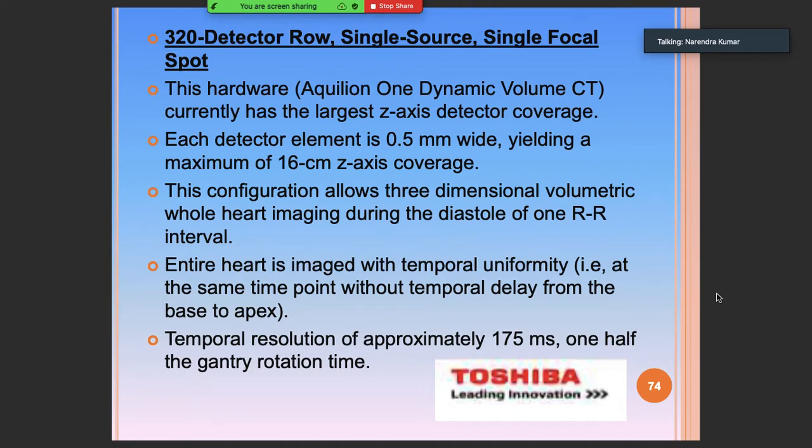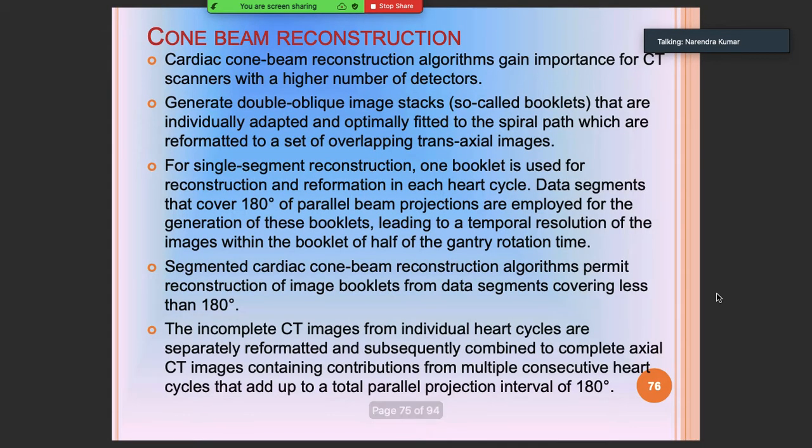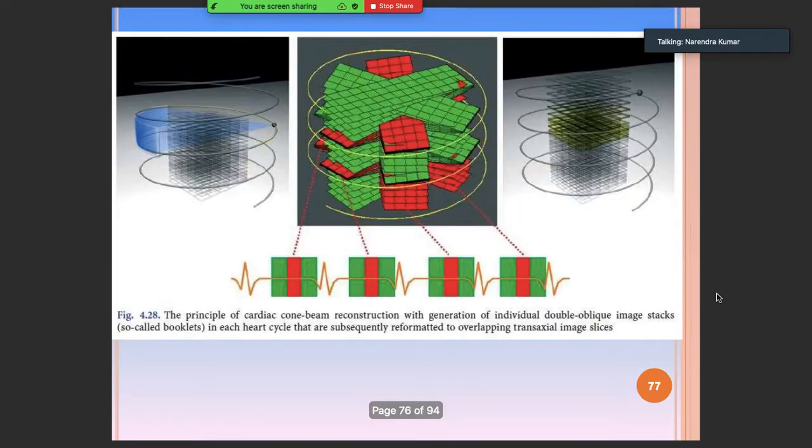So as I said, those newer devices are becoming more and more quick, and with better resolution, and they seem to be pretty user friendly as well. User friendly in the sense that it doesn't need much contrast for such kind of cases. If it is being used, it will be very little as well.